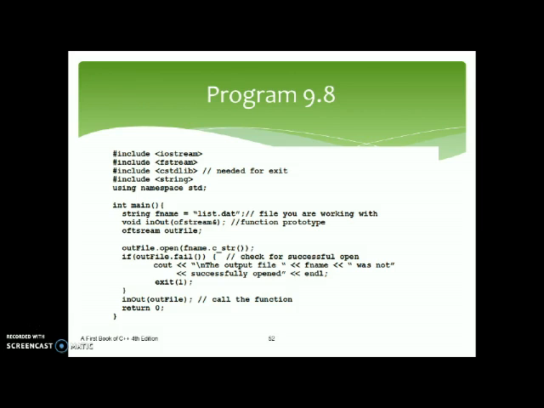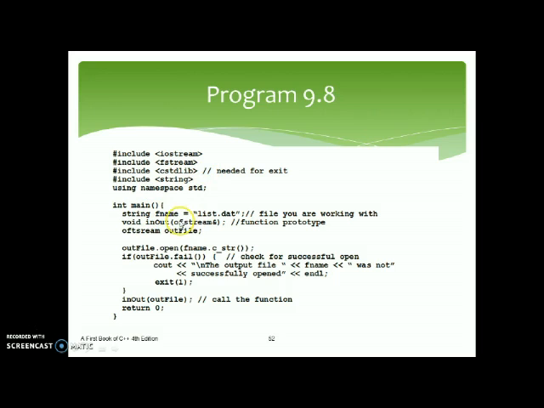So let's look at program 9.8 and you can try this yourself. Again, we need the iostream library, the fstream for the file stream, and the cstdlib library to exit. We also have to include the library string because we are going to declare some variable of type string.